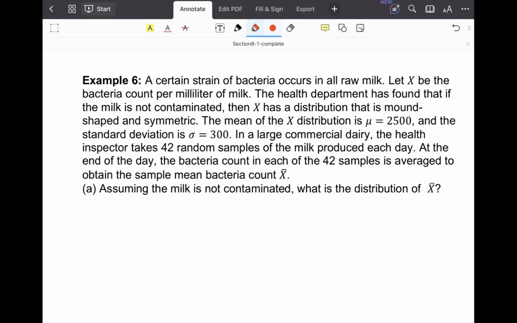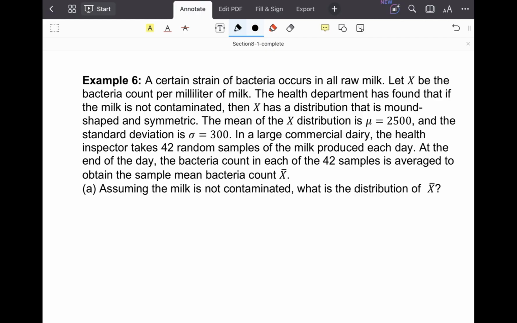It says a large commercial dairy. So we would assume that this is less than 5% of the total amount of milk that they're producing. So yes, it meets all those criteria. And so it does have those properties of the sampling distribution for the sample mean.